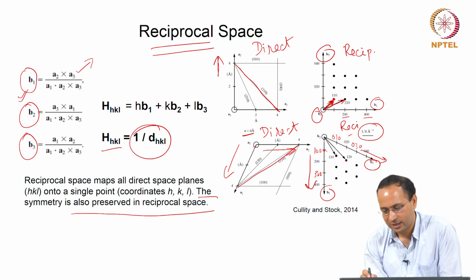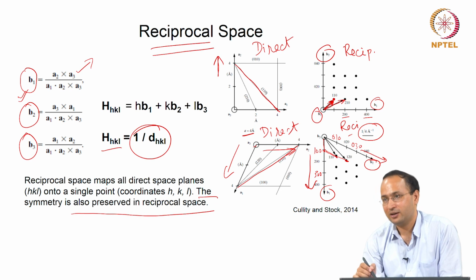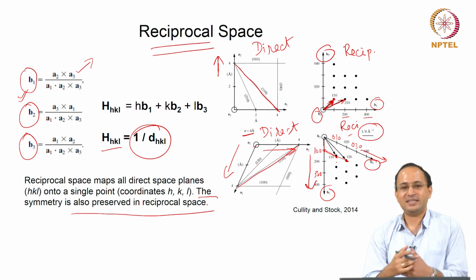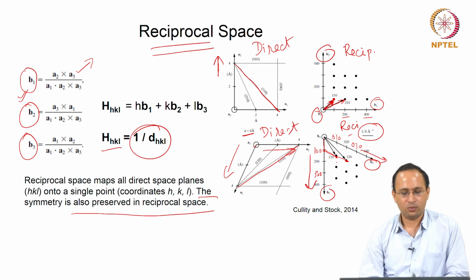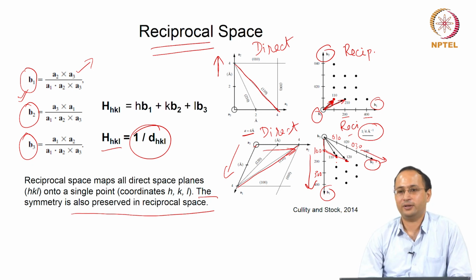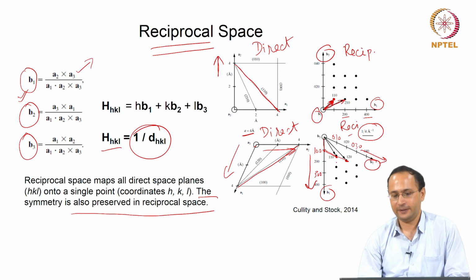You traverse along first B1 1, then you go parallel to B2, so that is how you get here, 120. 110 you just stop here, come down on B1, then go parallel to B2. So basically it translates all the planes to a single point. So its advantages, right.